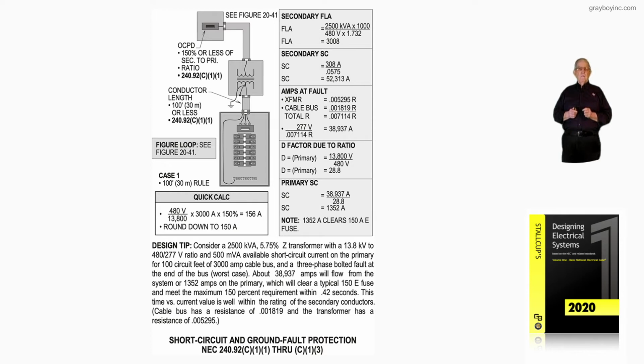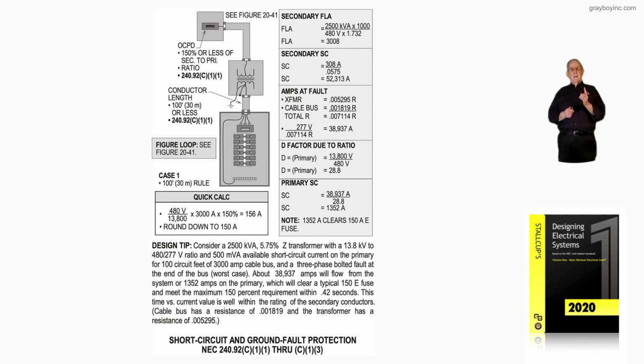We have 480 volt secondary divided by 13,800 times 3,000 now. And remember, 3,000 amp is your cable bus. Times 150%, we come up with 156 amp. Now, there's no exception over here in this supervised industrial location located in 240.92 that would allow you to round up, so we're rounding down to 150.